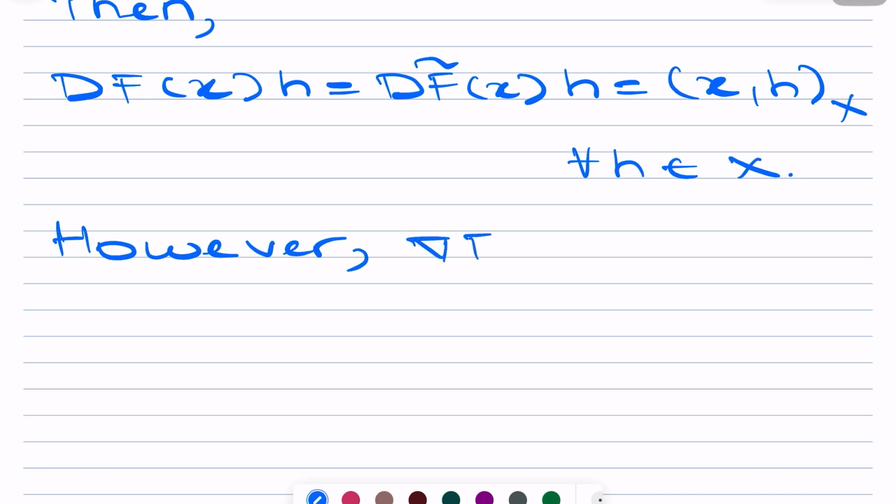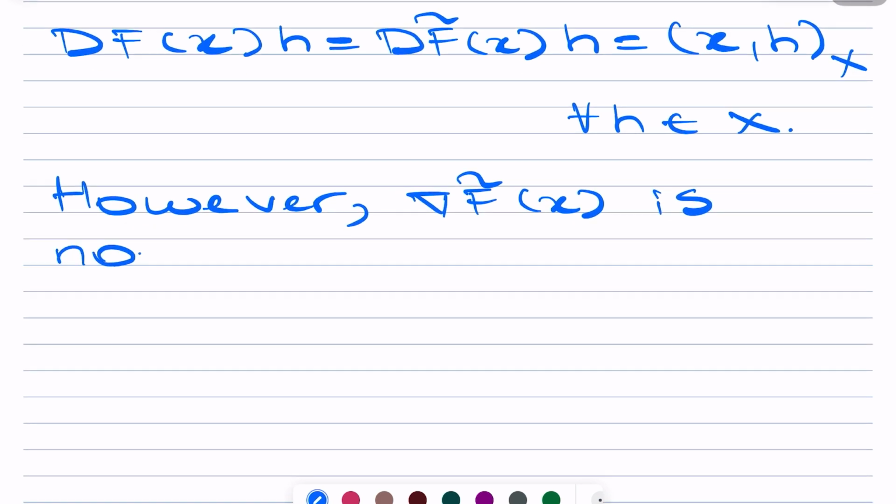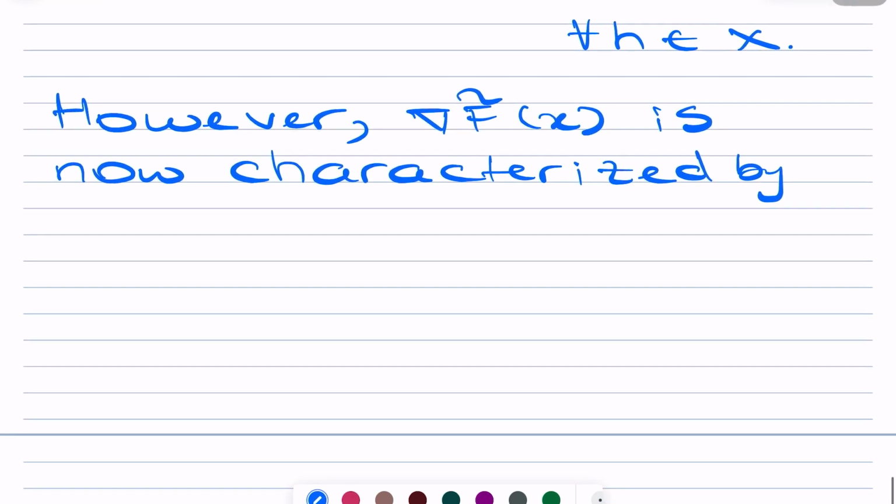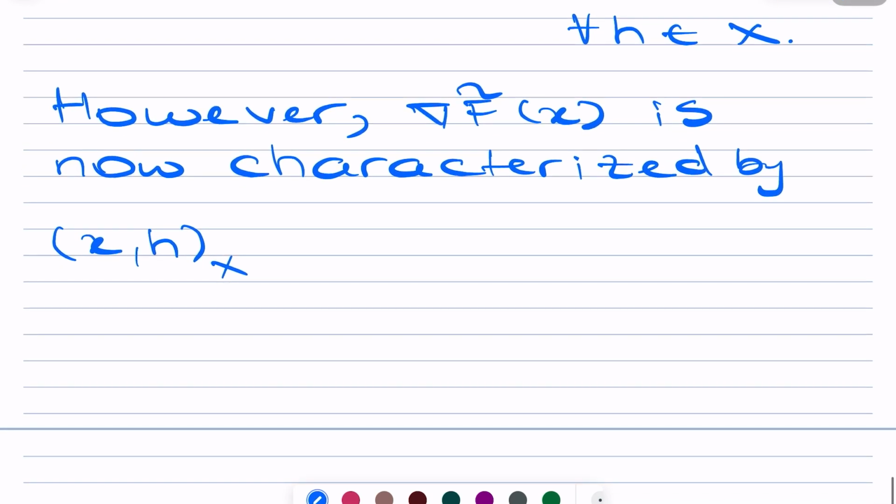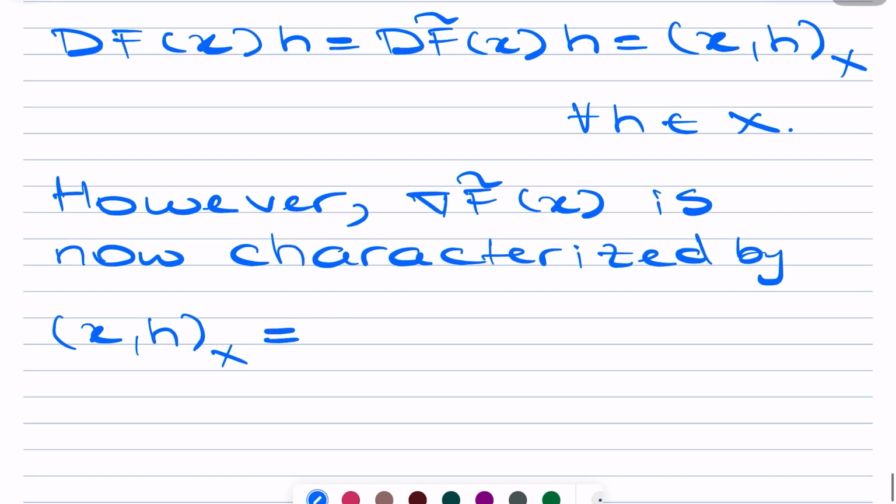the gradient of f tilde applied to x is now characterized by, we should have this. This is actually the derivative of f tilde, so that this is equal to this.